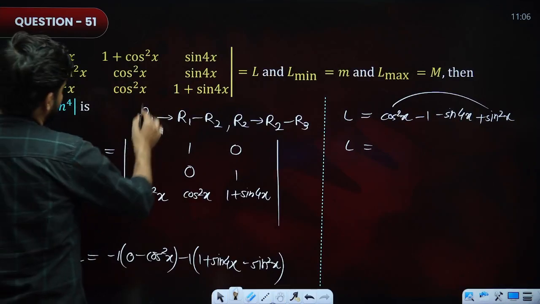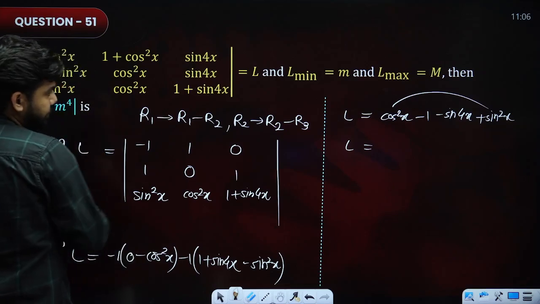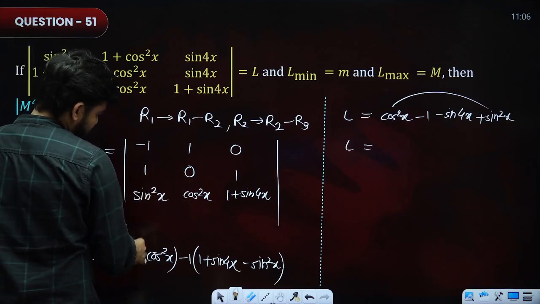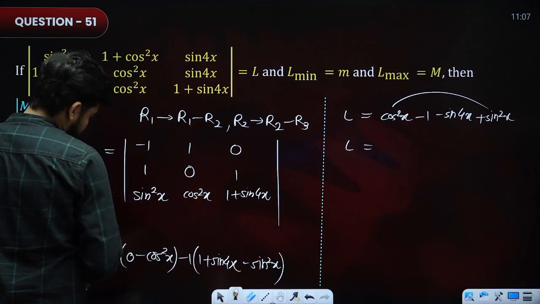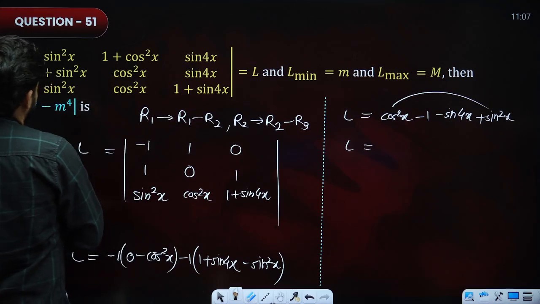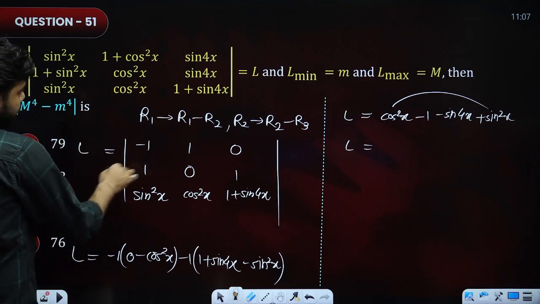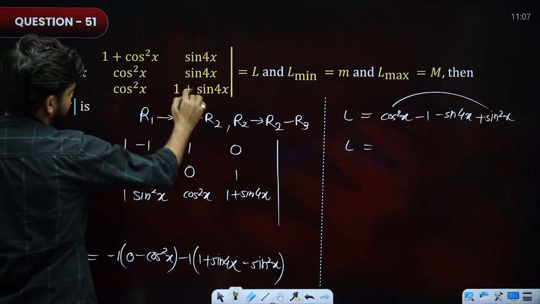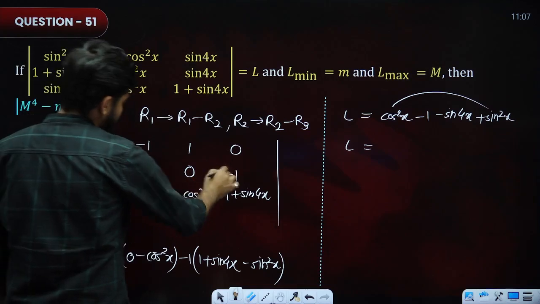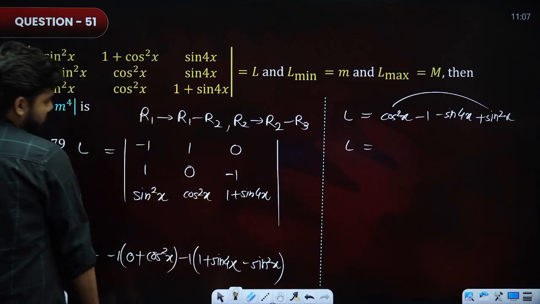Here we have 1, here we have 0. And in that case we got 0, 0 minus cos square x. We have minus 1 over here. And here also we have minus 1. We made a mistake over here. So for that case, this is plus cos square x.